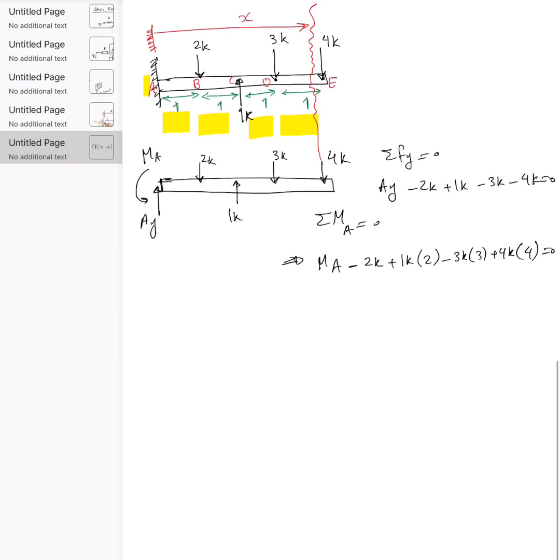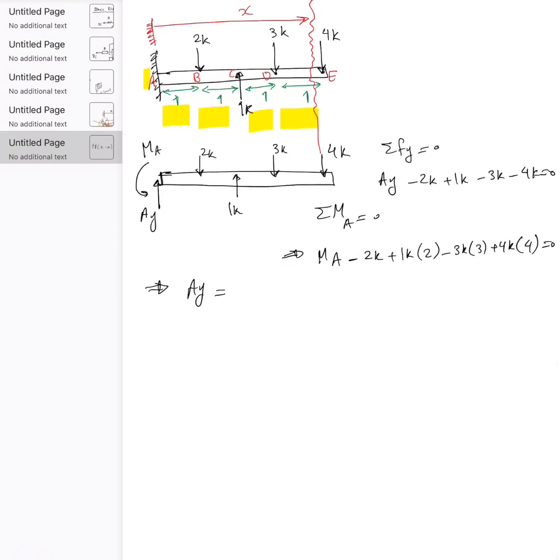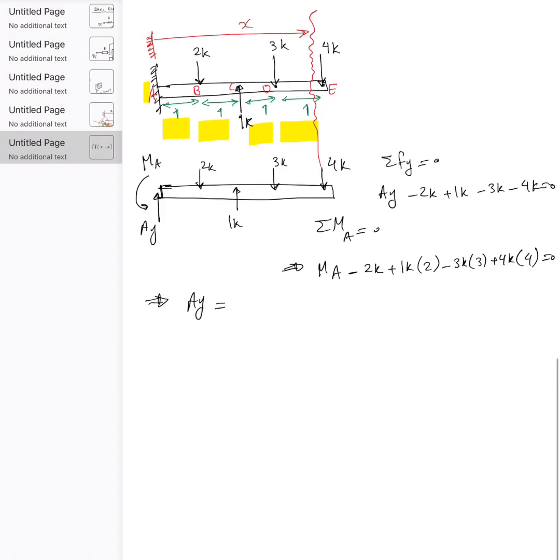So I solve the first equation. AY is equal to negative 2 plus 1, negative 1, minus. Let's double check this relation. AY, negative 2 plus 1, negative 3, negative 4, that's right.